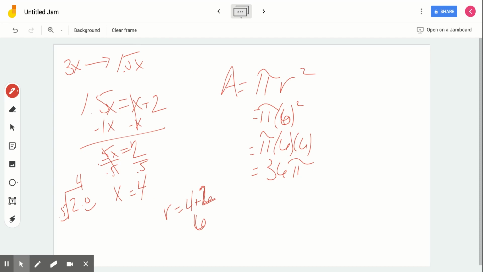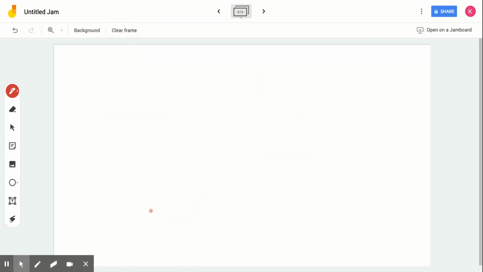Now on the last one here, we have number 9. Number 9 says a boat travels x miles per hour from one island to another island in 2.5 hours. So if we're traveling from island A to island B, we are going x miles in 2.5 hours.